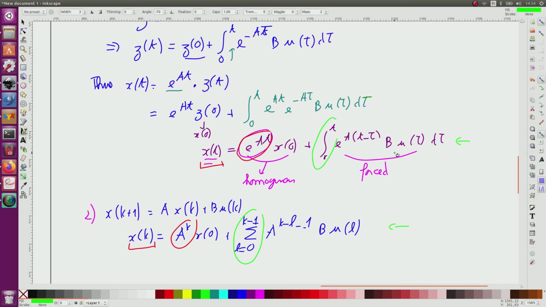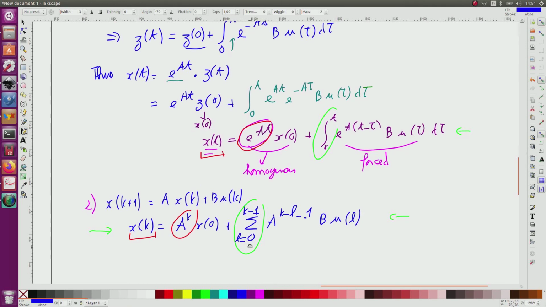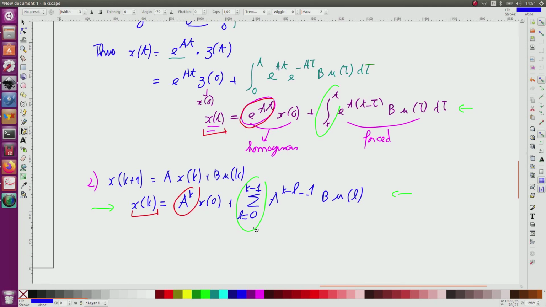So to prove this, I will proceed by recurrence. It will be a proof by recurrence. So for this, I will check. It's quite easy for k equals 0.